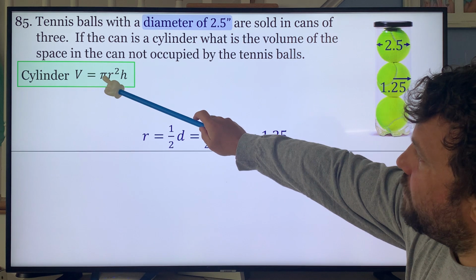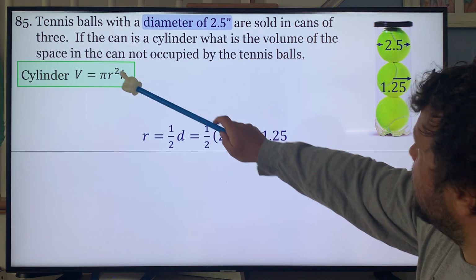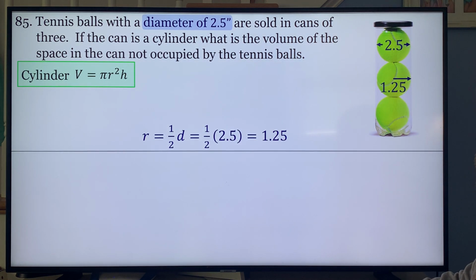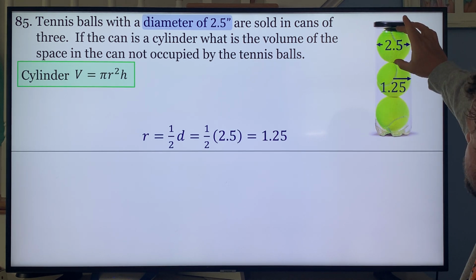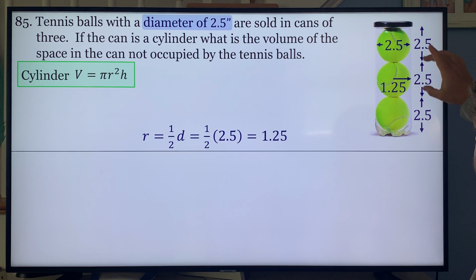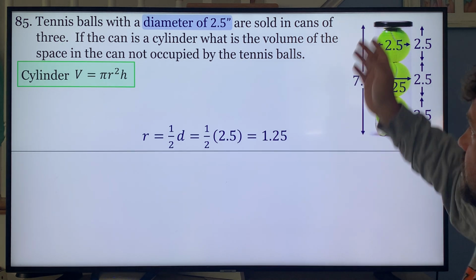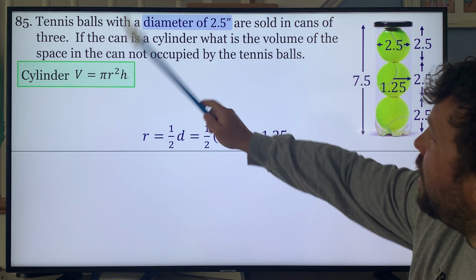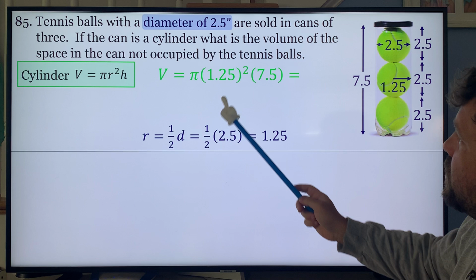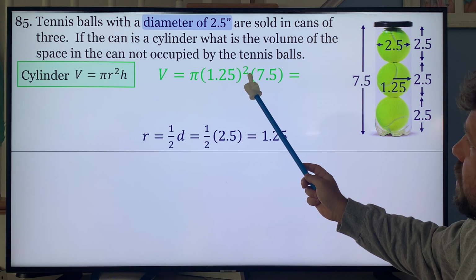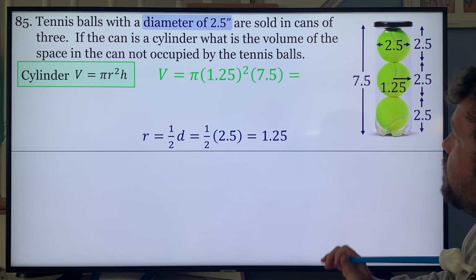So now I have pi 1.25 squared times, but what do I do to find the height? Anyone? Well, the diameter of a ball is 2.5, and how many do I have? 1, 2, 3. So 2.5 times 3 is 7.5, which is my height. So volume is 1.25 squared times pi times height.